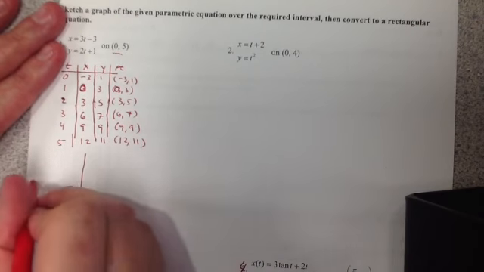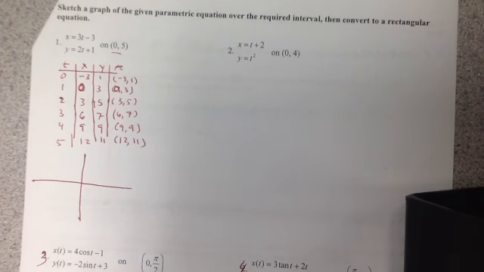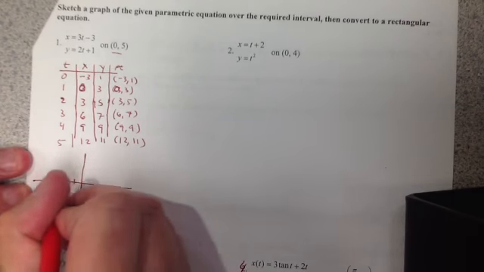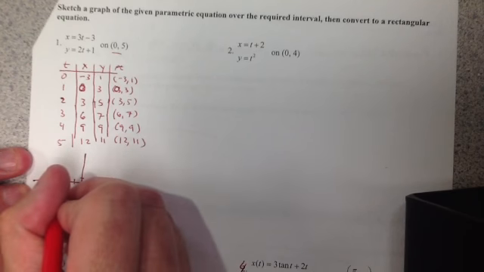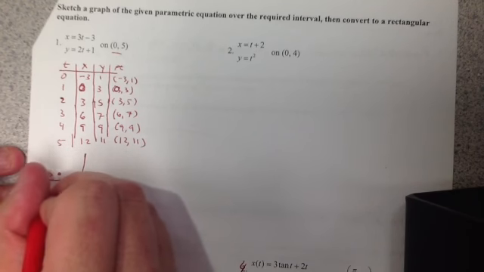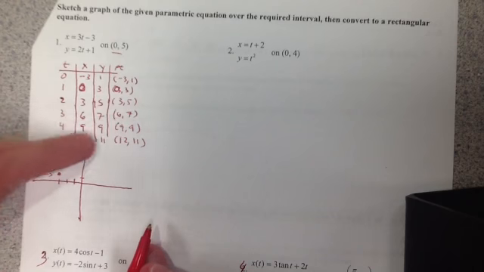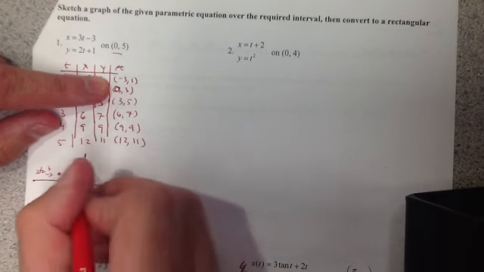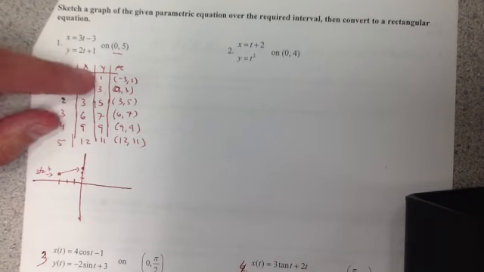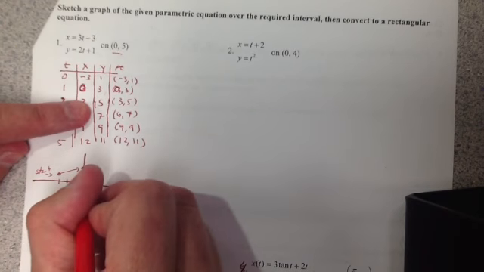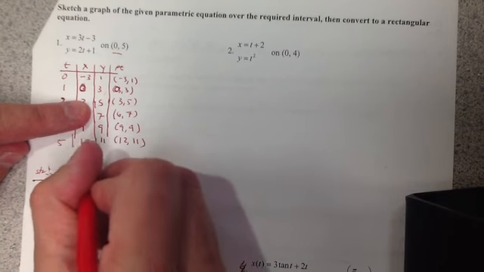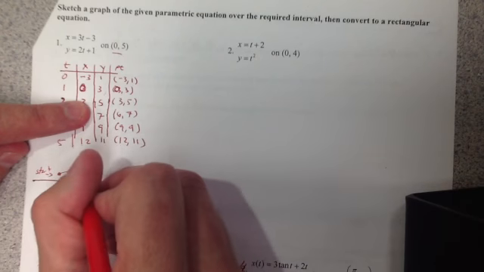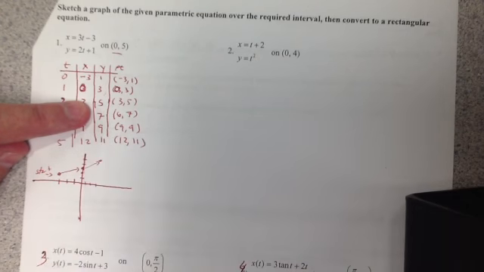Now, the one thing about parametrics, and why we like these in physics, is because it's directional. At negative 3, 1, this is where we're going to start. And I'm going to keep graphing it. The next one's at 0, 3, and I'm heading to this one, and I'm going to draw an arrow heading towards it. At 3, 5, I'm going to head up to there.